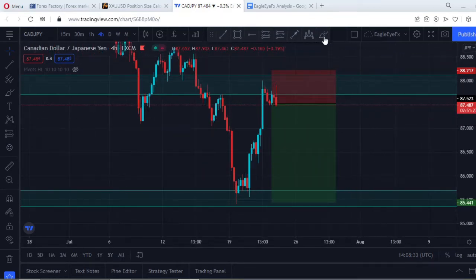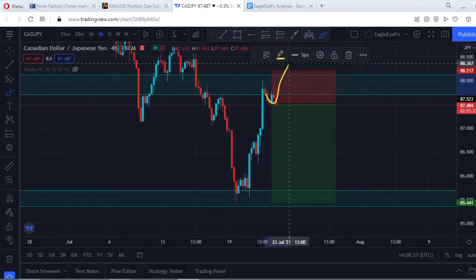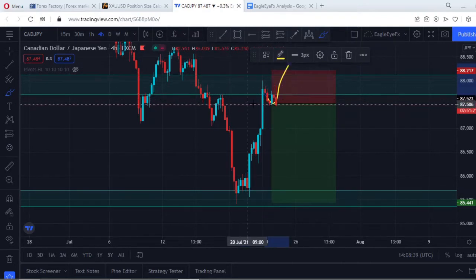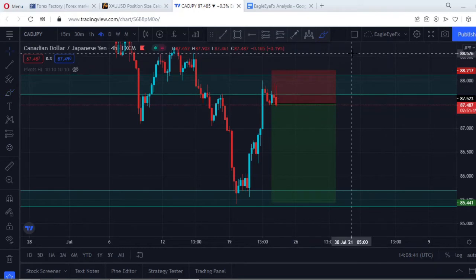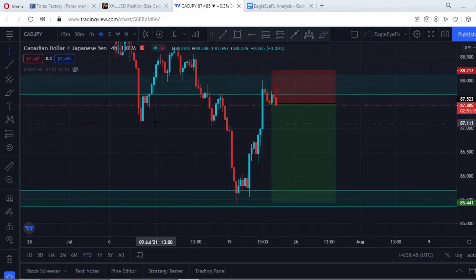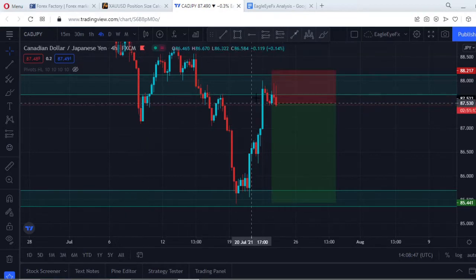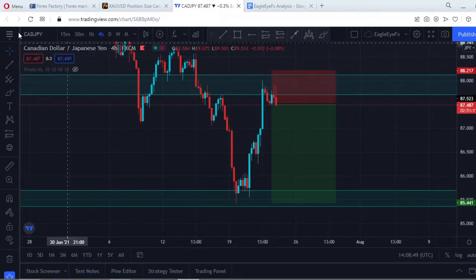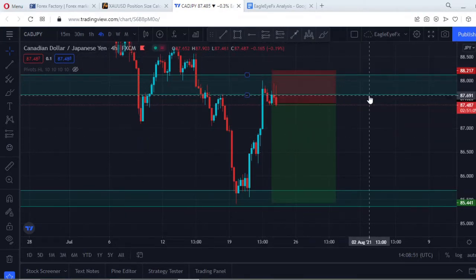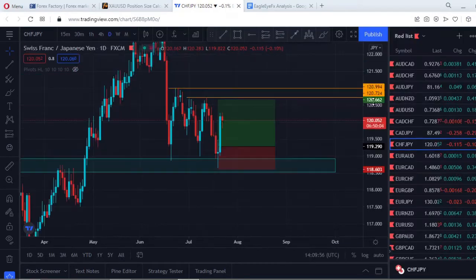In case this market comes this way and then goes up, then it means that our setup becomes invalidated. So that's the reason why we've taken this CADJPY sell.